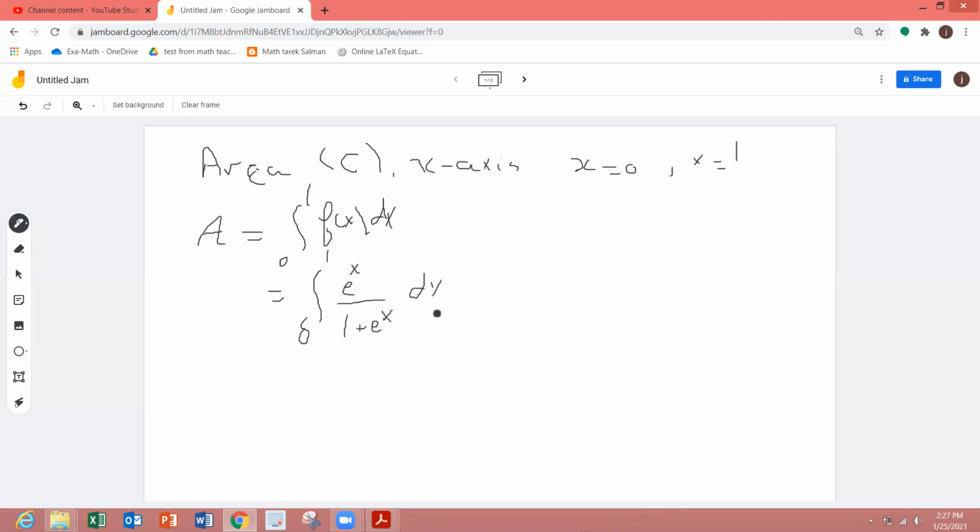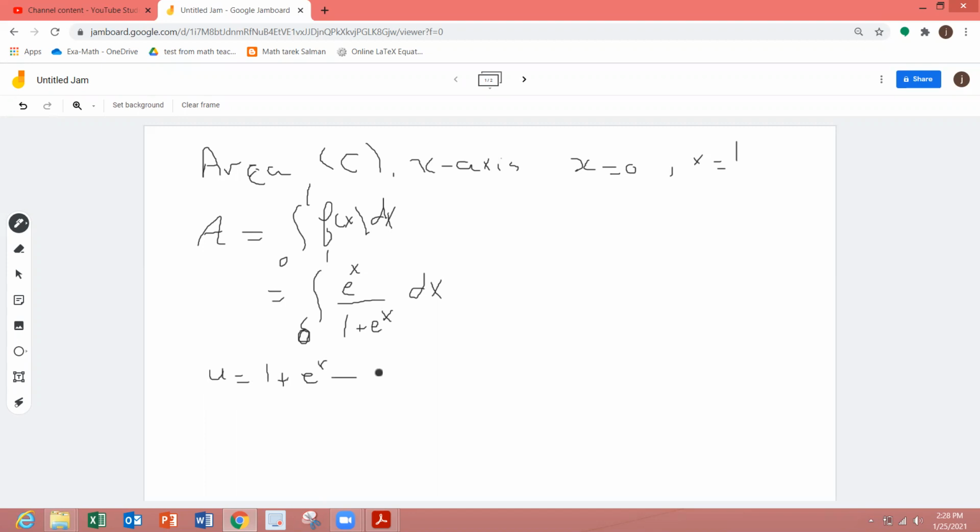How to calculate this integral? By which method? Change of variable. We take u equal to 1 plus e to the power x.